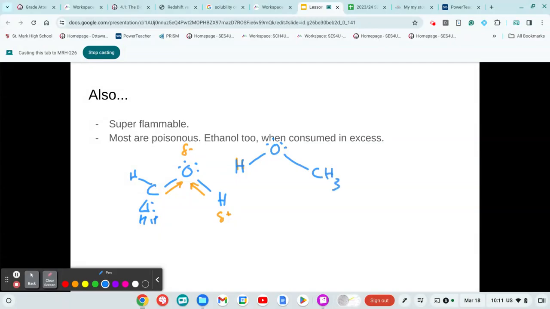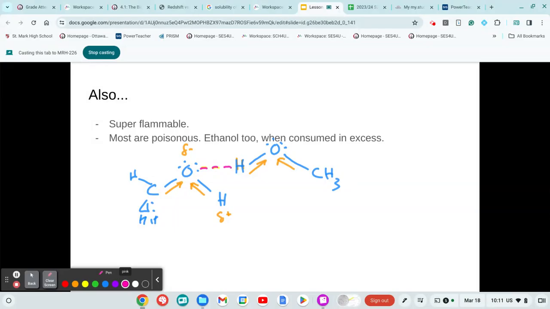This partially positive hydrogen right here, it's losing electrons to its own oxygen, so it's got a partial positive charge. Because it's got that partial positive charge, it's going to be very attracted to the negative charge on an adjacent oxygen.